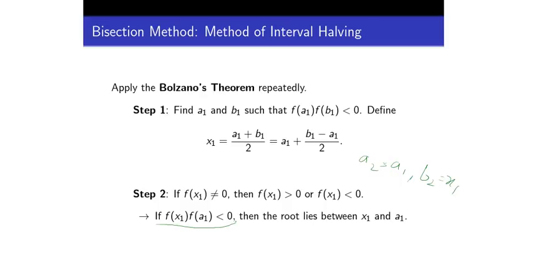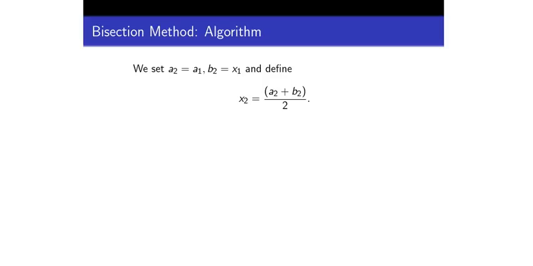That's specifying the interval, so that we get into a process and can easily write some code for this. Then again you divide the interval, taking the midpoint of the interval a1 to x1, called x2, which can be rewritten as a2 plus (b2 minus a2) by 2.